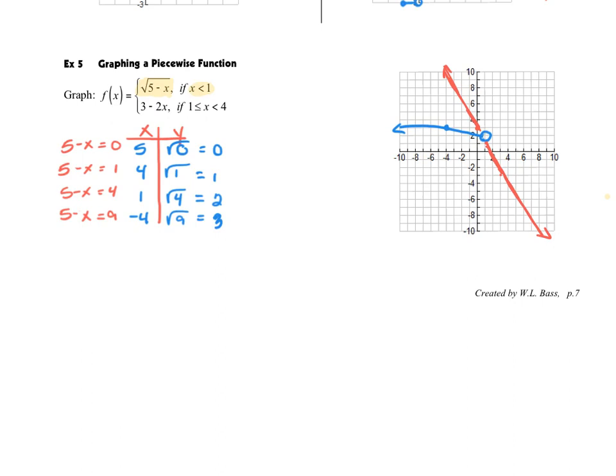Now remember, our entire final graph has to pass the vertical line test, and this doesn't yet. So what we're going to do is look at what portion we want. Well, we want to keep the portion of the graph that's between the x value of 1 and the x value of 4. So I have a whole bunch of this that I'm actually going to erase.